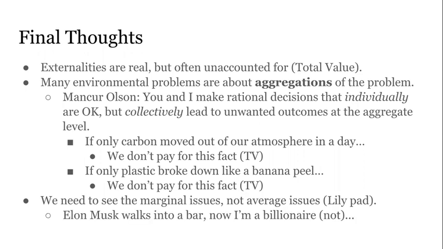There's this old example with Elon Musk, who I think at the moment is the richest human being in the world, though this changes constantly. The idea is that Elon Musk walks into a bar. Now I'm a billionaire. This is the problem with averages, right? So there are 20 other individuals, you, me, and 18 others. We're all not rich in any way.